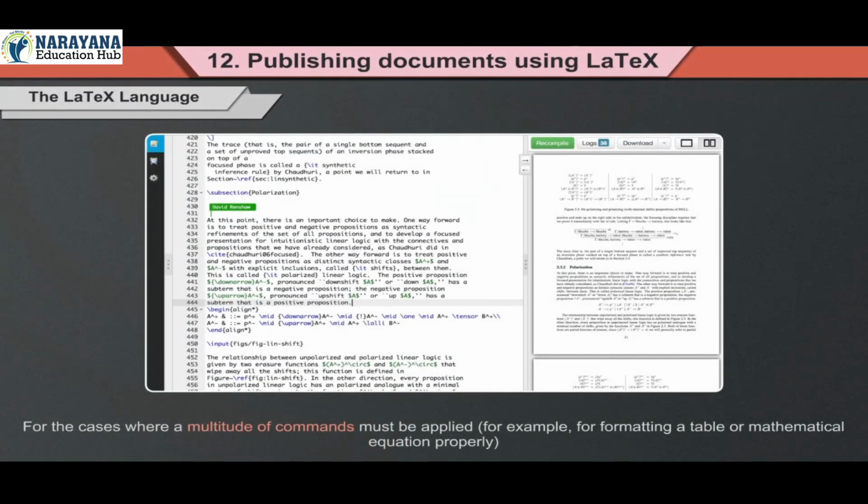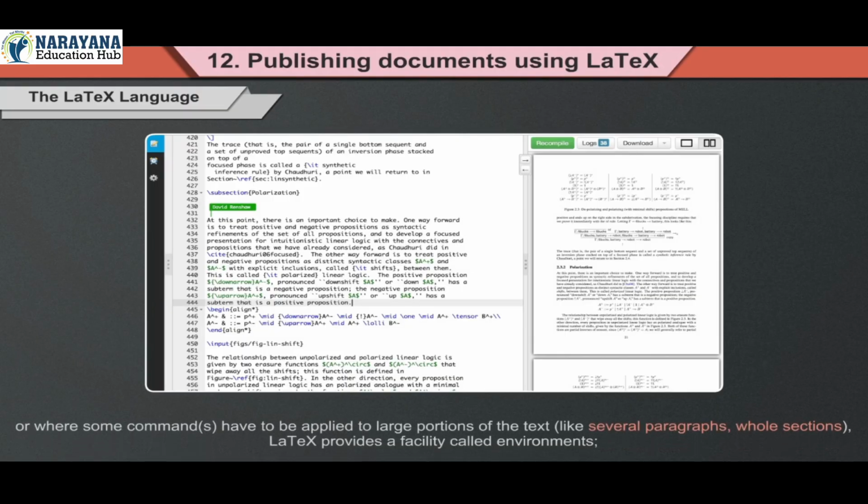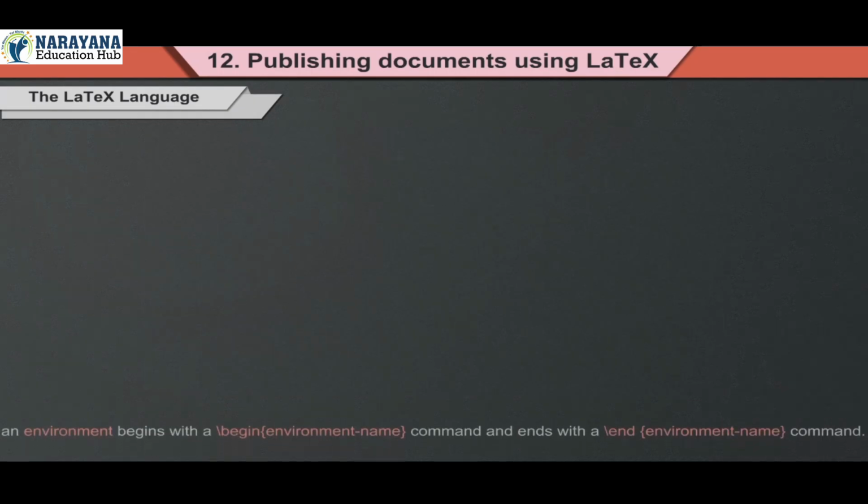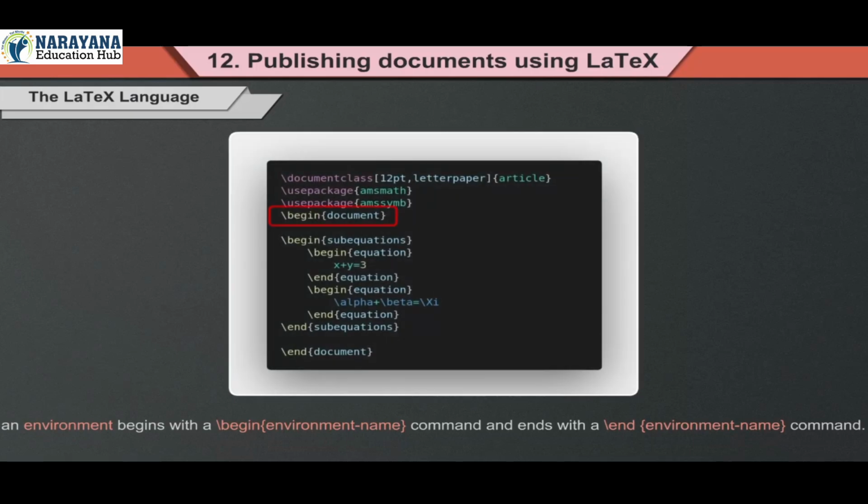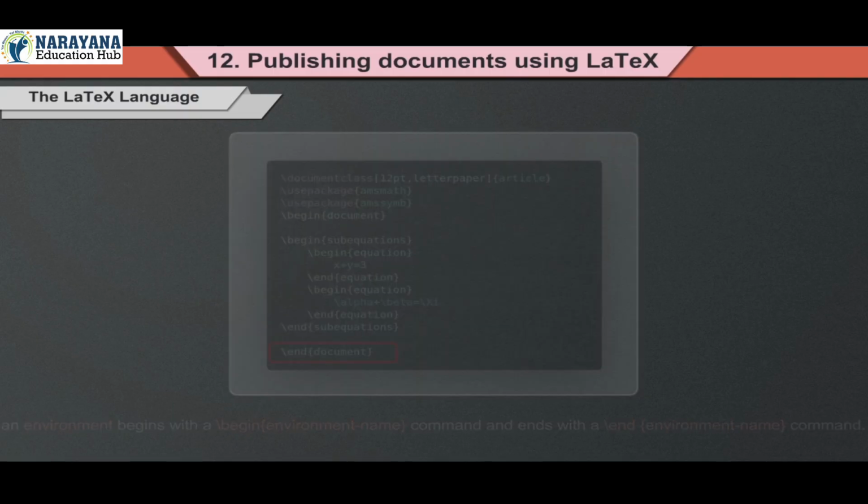For the cases where a multitude of commands must be applied, for example, for formatting a table or mathematical equation properly, or where some commands have to be applied to large portions of the text, like several paragraphs or whole sections, LaTeX provides a facility called environments. An environment begins with a \begin{environment name} command and ends with an \end{environment name} command.